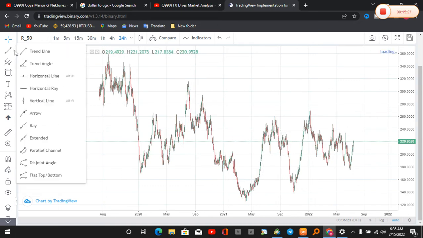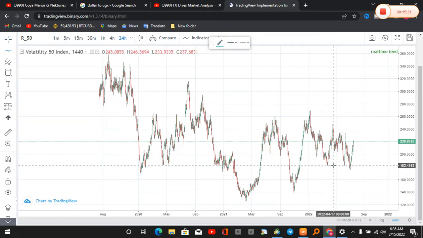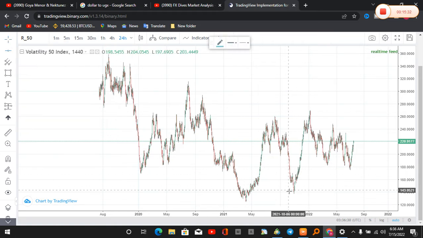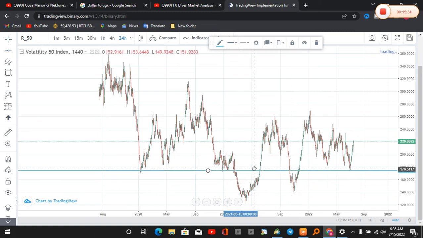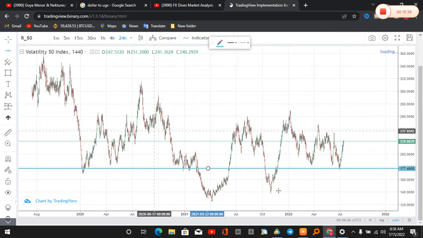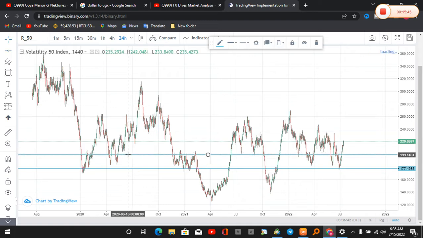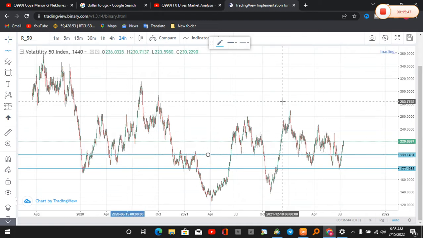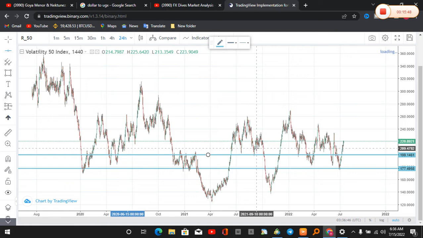So we start by identifying our major market key levels. So we have a support level here. We also have another level here. We also have another.